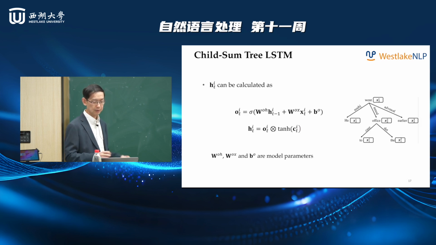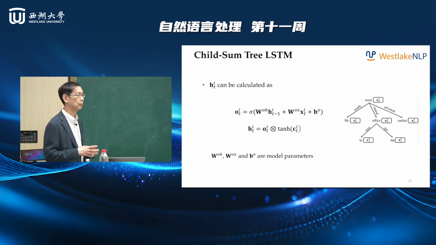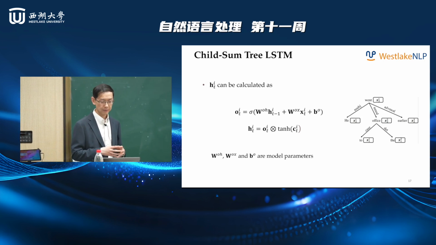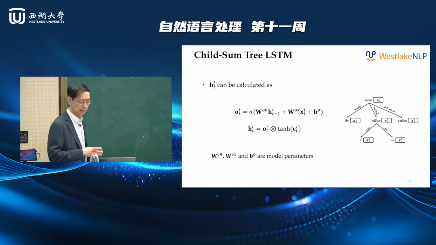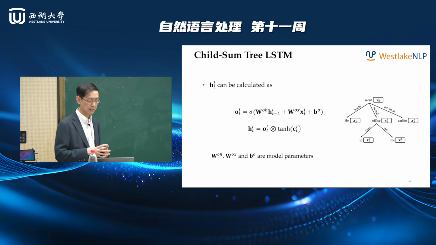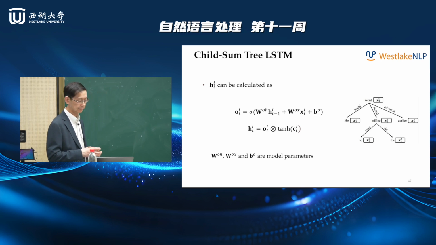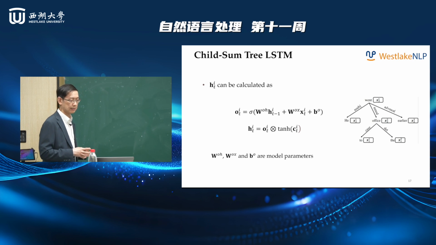Now the output is exactly the same as the output for sequential LSTM. I first calculate an output gate using the previous hidden and the current X, and then the hidden is the output gate times the activation of the cell. So this is exactly the same.